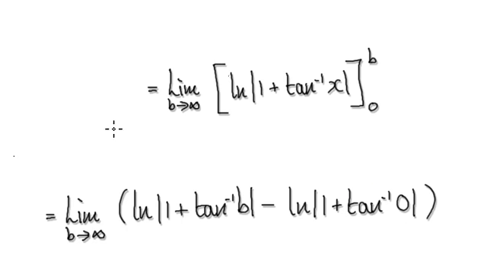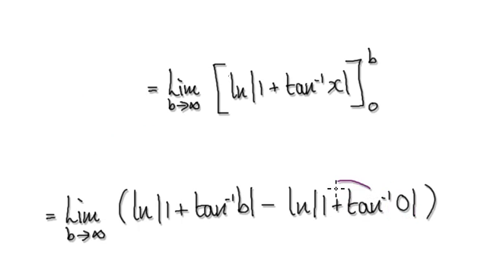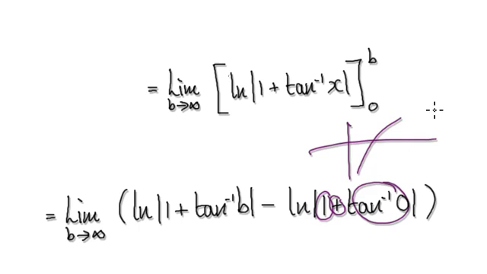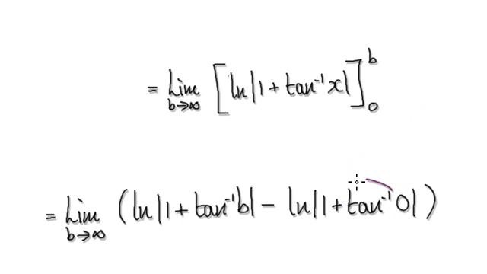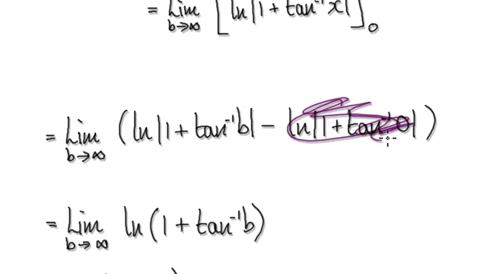Inverse tan of x looks something like this. So 0 would be right at the origin, so inverse tan of 0 would be 0. That would be natural log of 1 plus 0, so natural log of 1. Natural log of 1 is 0, so this whole thing here will be 0.